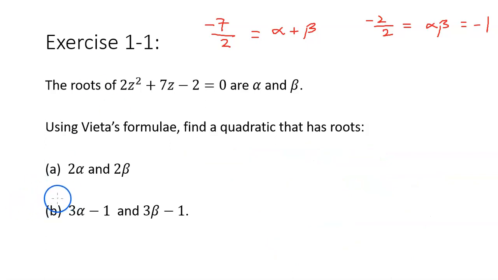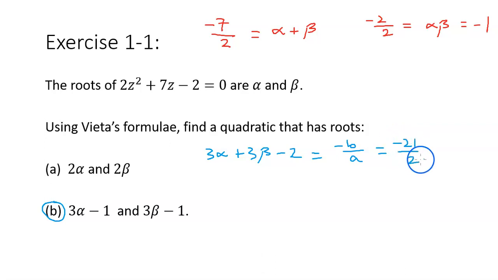Okay, let's move on to the second part now, which is also pretty easy. 3 alpha plus 3 beta minus 2, which is the sum of these two, should equal negative b divided by a, and it's also equal to 3 times alpha plus beta, minus 2, so 3 times negative 7 over 2 minus 2.